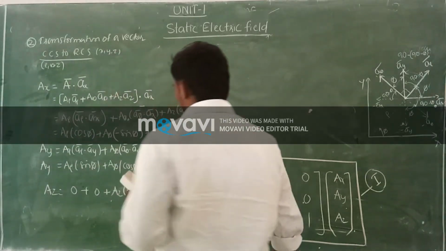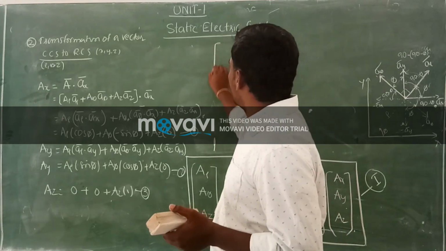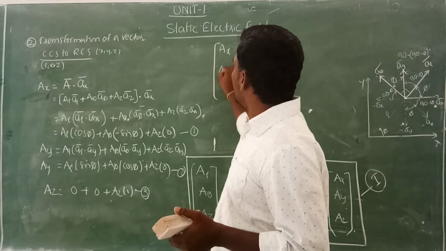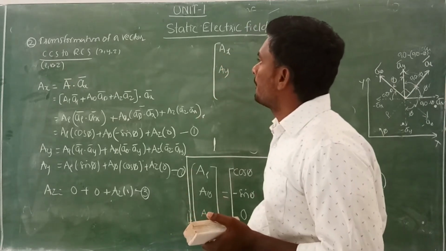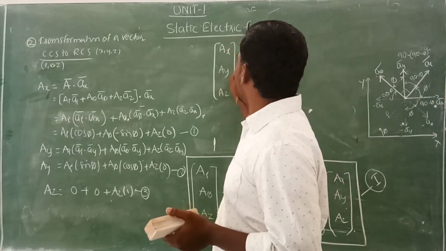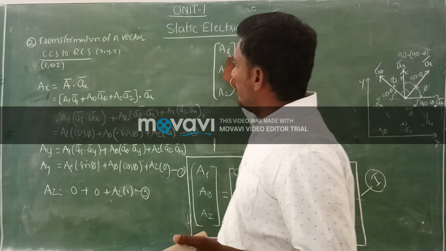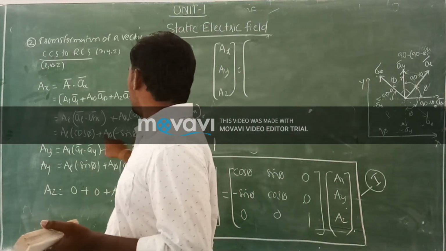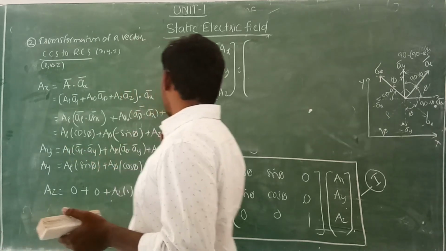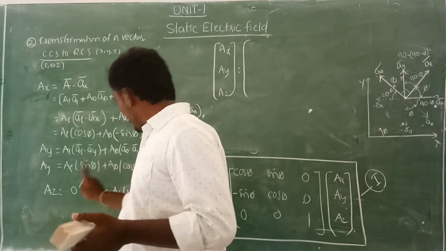From 1 to 3, I am writing the equations 1, 2, 3 in matrix form. Matrix form: Ax, Ay, Az equals, tell me, for Ax from equation 1. So Ax has the variables A rho, A phi, Az. Equation 2 also has A rho, A phi, Az. Equation 3 also.